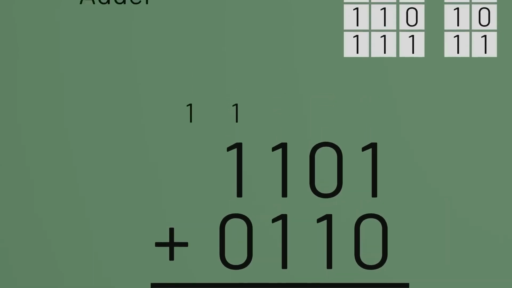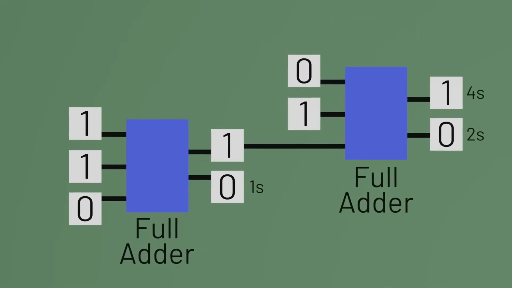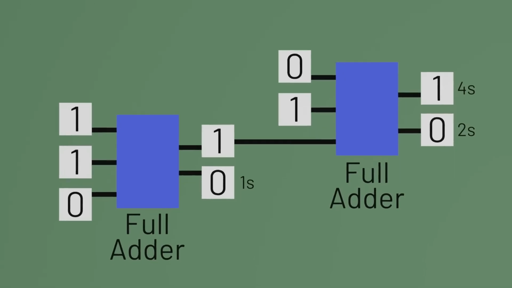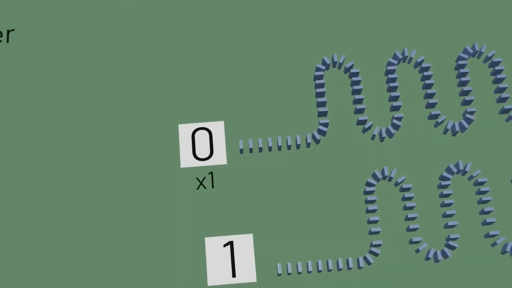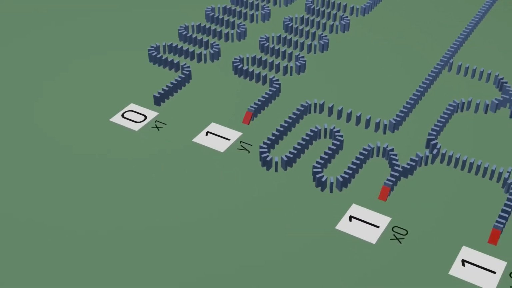So once we have a full adder that can add 3 bits together, 2 operand bits plus 1 carry bit, we just need to repeat that component over and over to be able to add numbers that are as big as we'd like. The resulting circuit requires quite a lot of dominoes, but the effect is pretty incredible to watch.